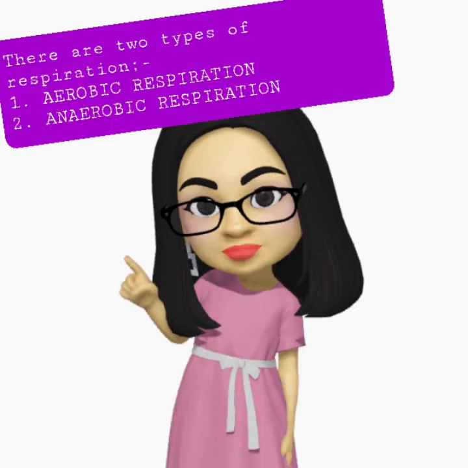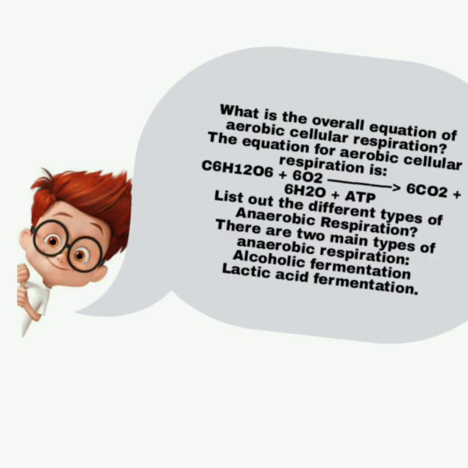There are two types of cellular respiration, aerobic respiration and anaerobic respiration. Aerobic means with oxygen, anaerobic means in absence of oxygen. Now what is the equation of aerobic cellular respiration?